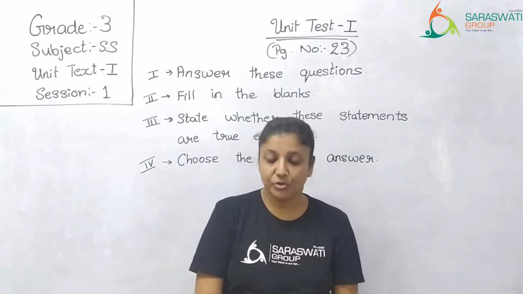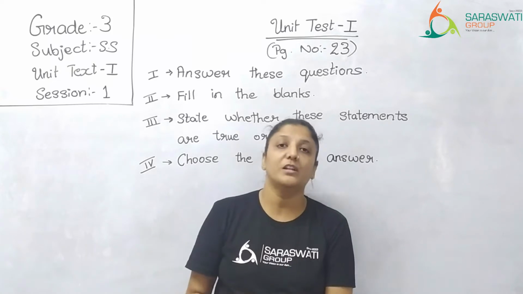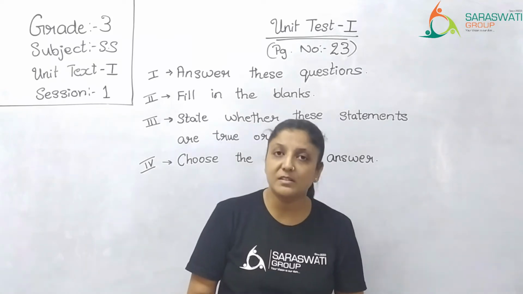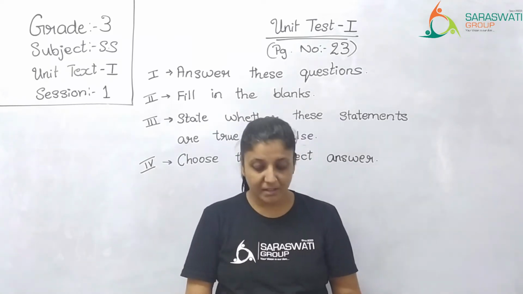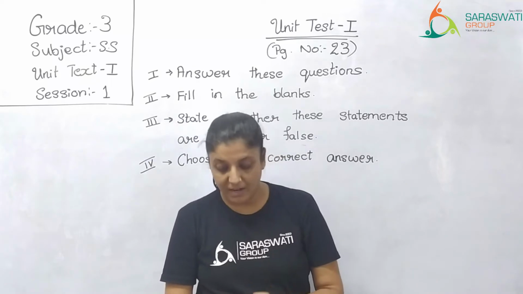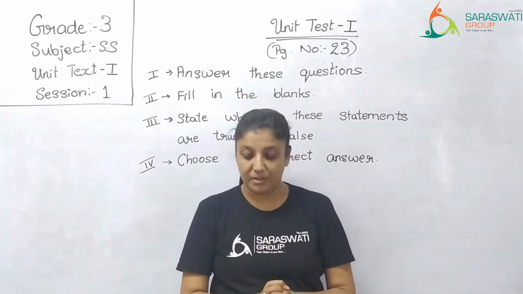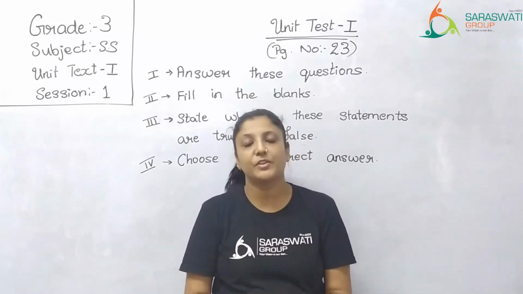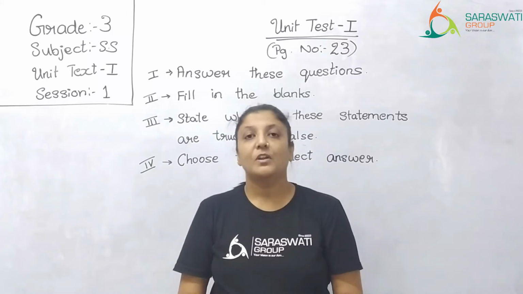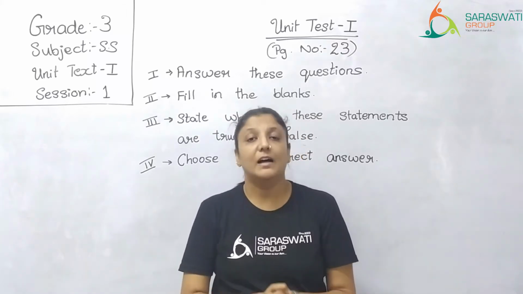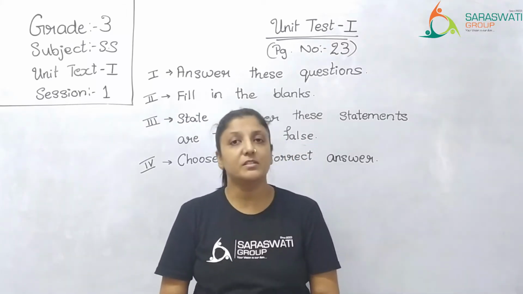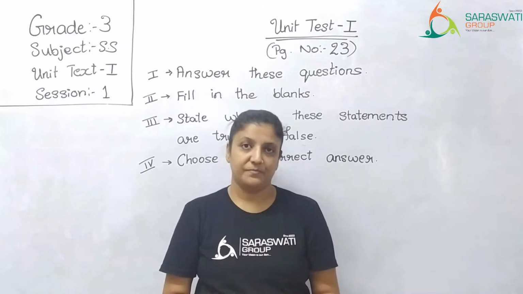So here they have asked you the same thing. What is a continent? So what should be the answer? The answer is, a continent is a large land mass on the surface of the earth.